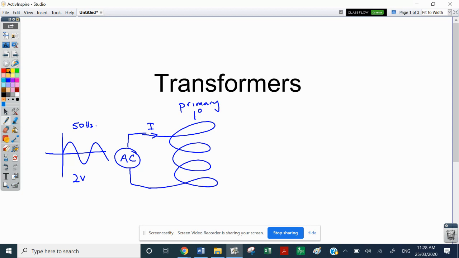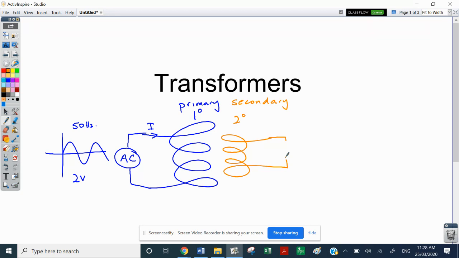And close by, we had a secondary coil, which is 20 and is secondary. This coil was attached to a voltmeter. Now, in this coil here, an EMF is going to be induced 50 times per second.